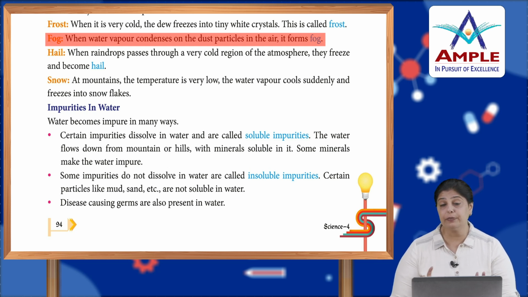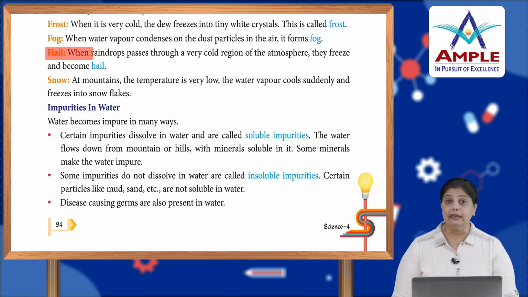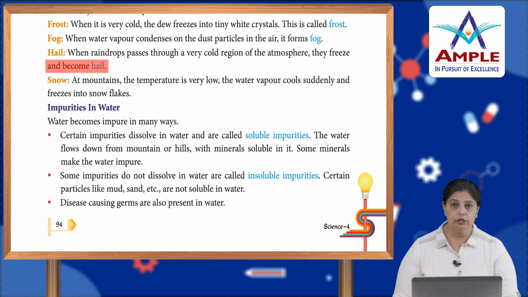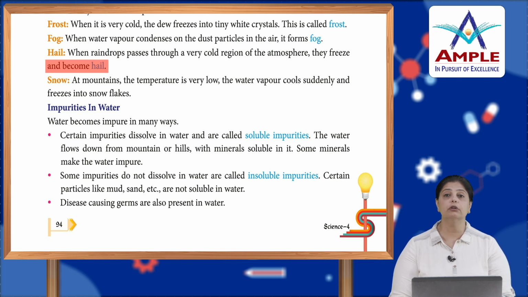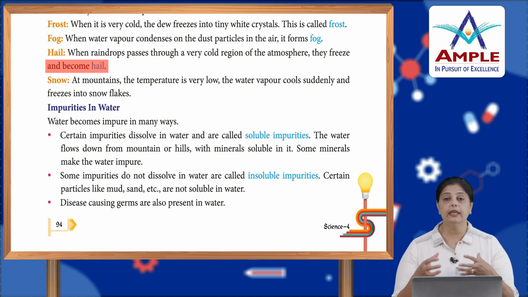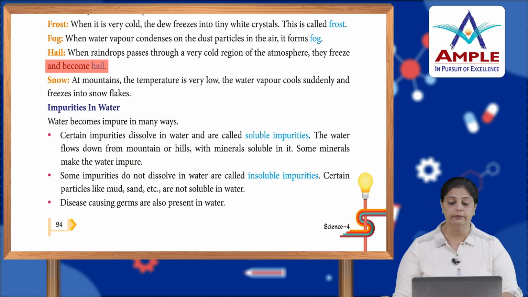It forms fog. Now, hail. When raindrops pass through a very cold region of the atmosphere, they freeze and they become hail. So, when the atmosphere is really cold and it starts raining, the raindrops, when they meet that cold atmosphere, freeze and fall down in the form of hail.